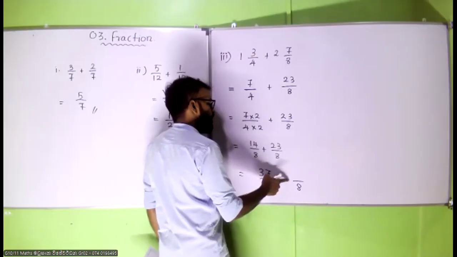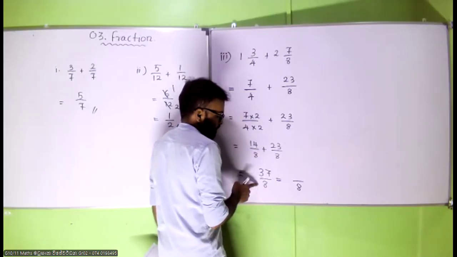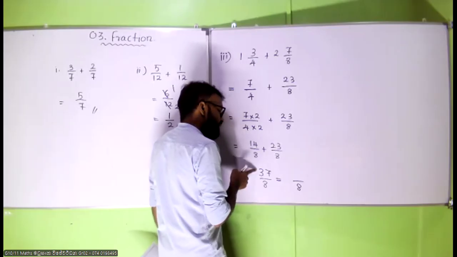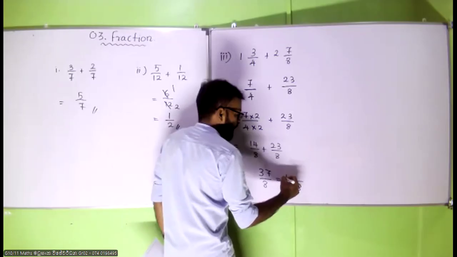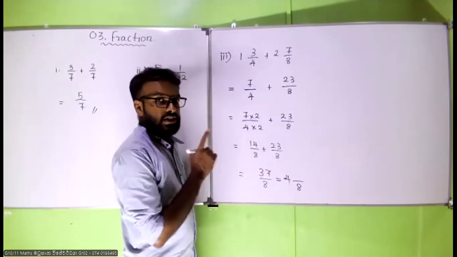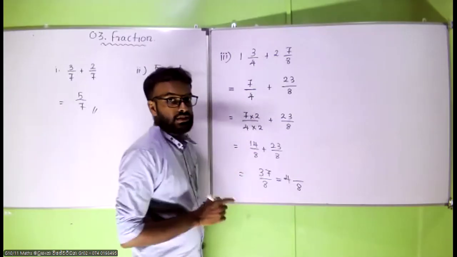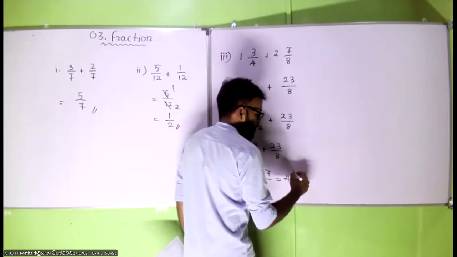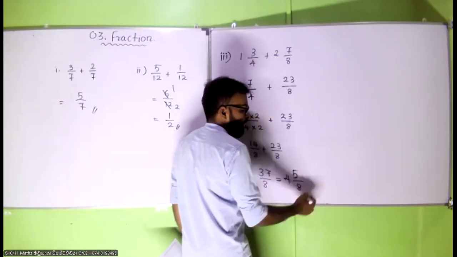You need to fill your whole number part and the numerator part. 37 divided by 8. How many 8s are there in 37? 4. So 8 times 4, 32. What is the rest that you are going to add to this 32 in order to get 37? That is 5. So your answer is 4 and 5 upon 8.